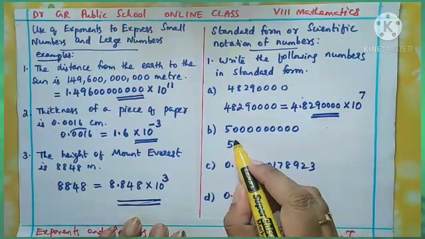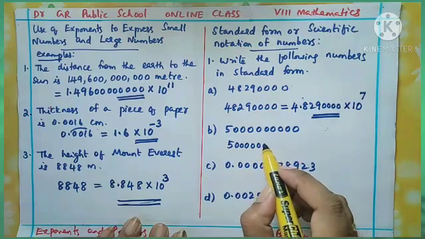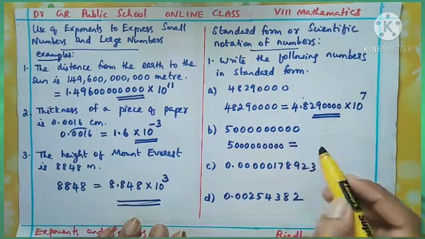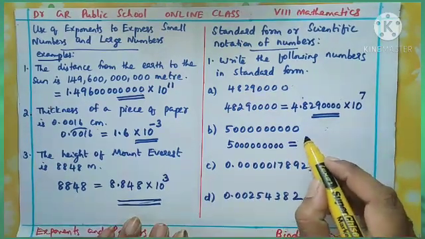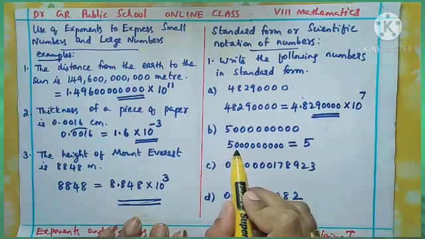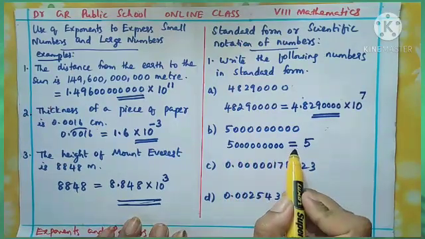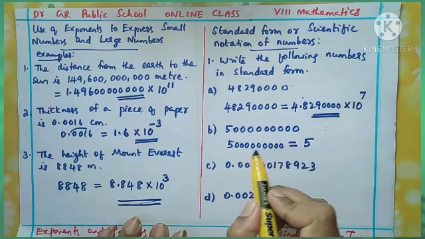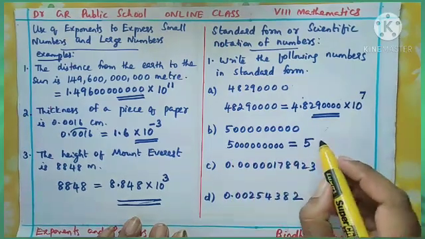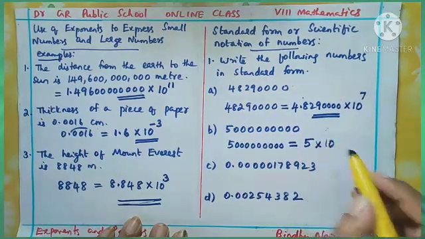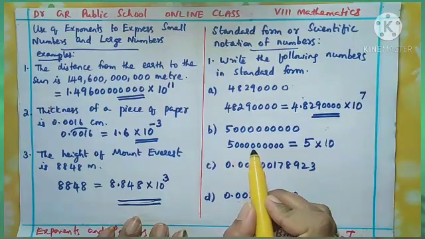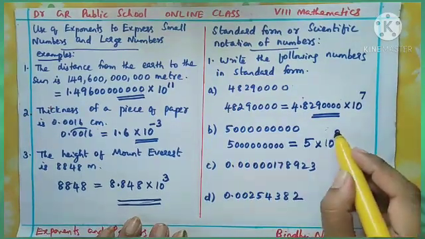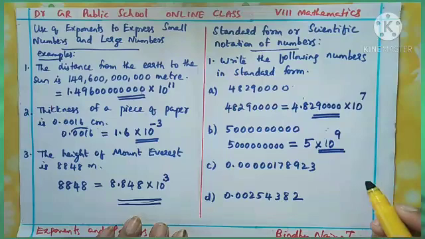So 5, 1, 2, 3, 4, 5, 6, 7, 8, 9. This number is equal to, because here it is point after 5, you can delete those zeros. No need of writing that. So just 5 into 10 to the power, how many? 1, 2, 3, 4, 5, 6, 7, 8, 9. So 10 to the power 9.